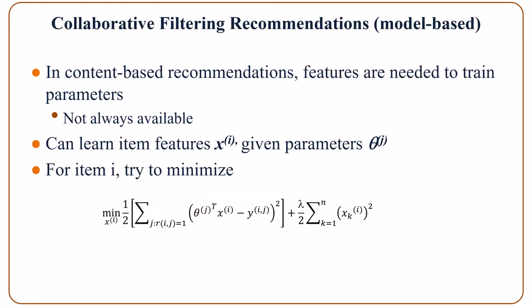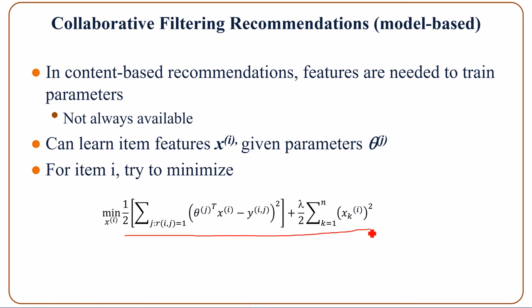Finally, we talked about the model-based approach. If you remember, previously in content-based recommendations, we know that features are not always available. We, however, can learn item features xi given parameters theta j. So for item I, we would try to minimize this function.